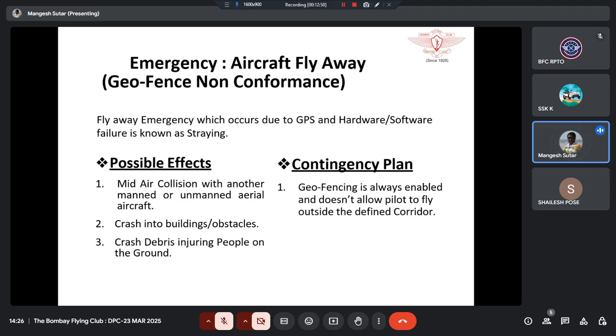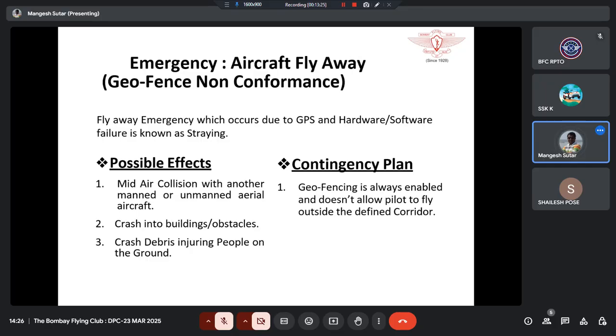Okay, so in case of aircraft flyaway, what would happen if suddenly you do not have any restrictions? It will continue to go forward, forward, forward. You are not able to bring it back, or you are not able to control the speed. What will happen? It could crash into any kind of obstacle it comes into.